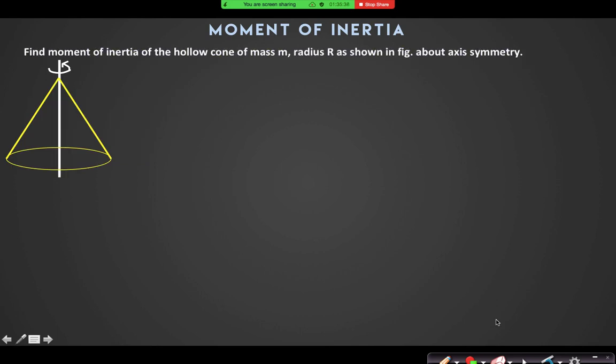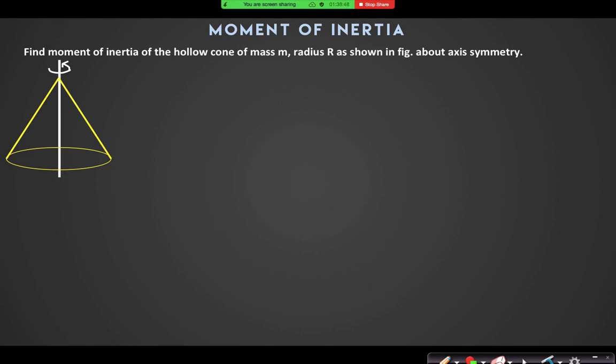Next, I want to find the moment of inertia of a hollow cone that has mass m, radius r, about the axis of symmetry. I am rotating it. Can you find it? What type of element here I should take? So rings. Yes, small rings.